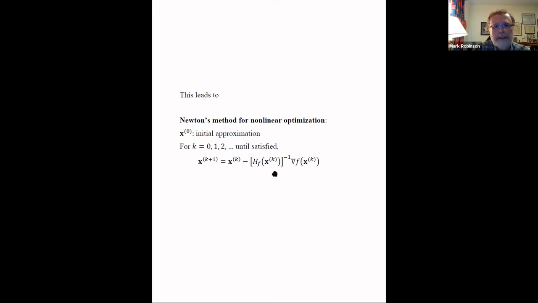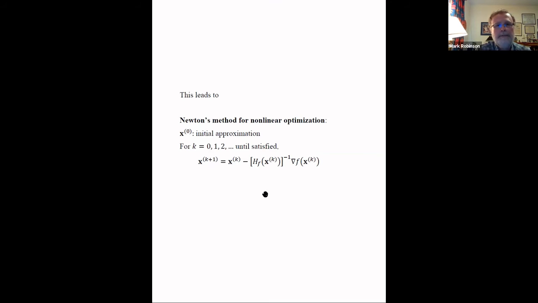Now, of course, in practice, when these methods are implemented, you're not actually inverting this matrix and multiplying it by that. You're actually solving a linear system of equations. But symbolically, we can write it in this format.